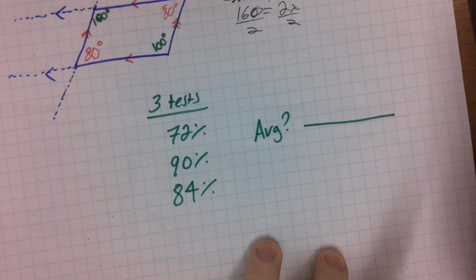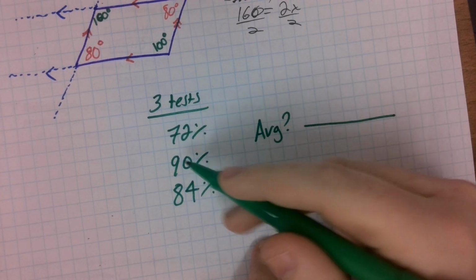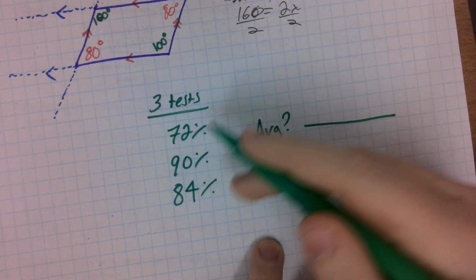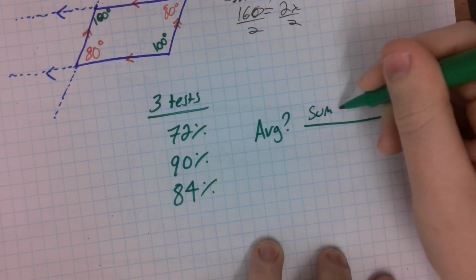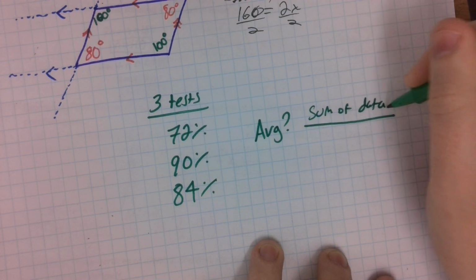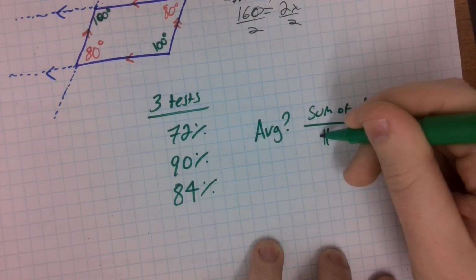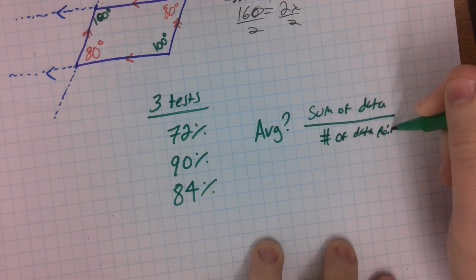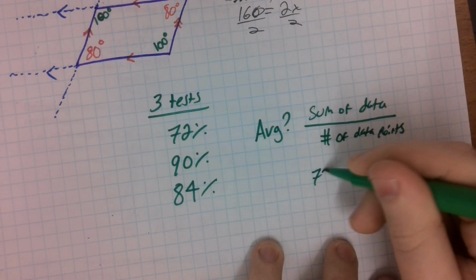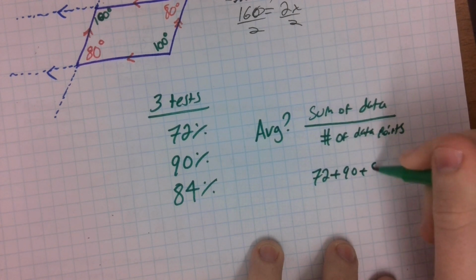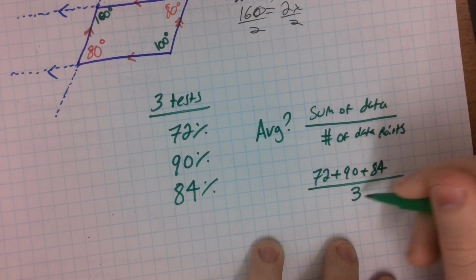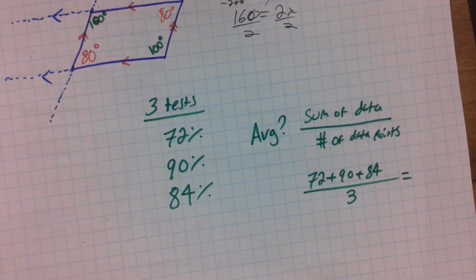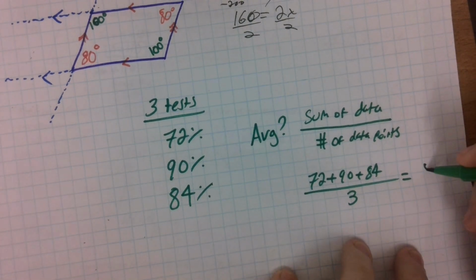Well, recall that an average is found by adding together all of your data points, so the sum of data divided by the number of data points you have. So in this case, we could do 72 plus 90 plus 84 divided by 3, because there are 3 points, and we would get our average. In this case, the average of these 3 numbers ends up being 82%.